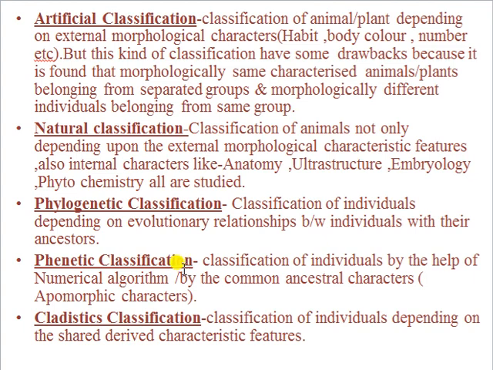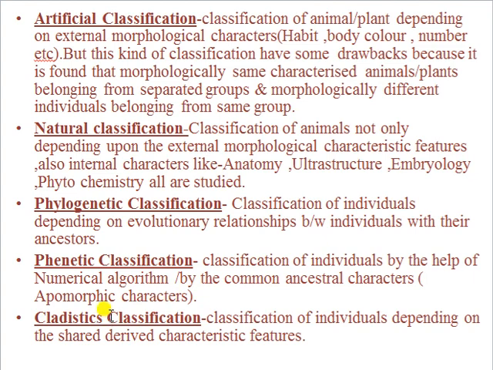That kind of classification is known as phenetic classification. One point I want to make here: common ancestral characteristic features that are commonly found in organisms are biologically known as apomorphic features or apomorphic characteristics. So we have to keep this point in mind.